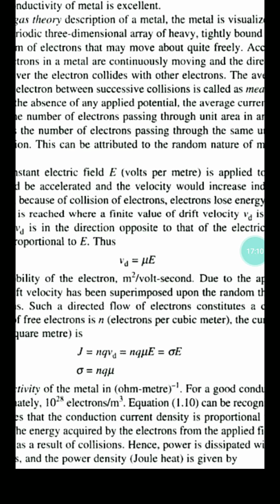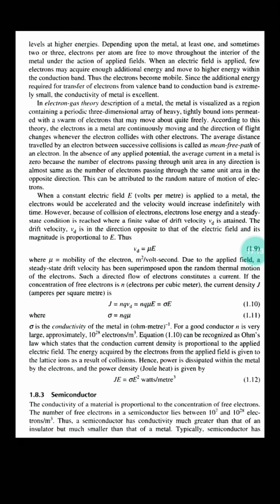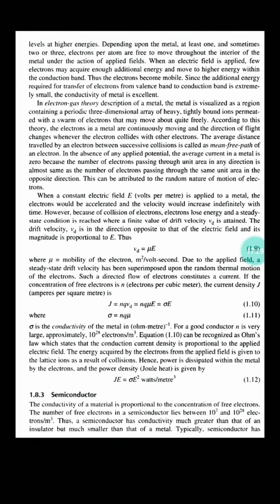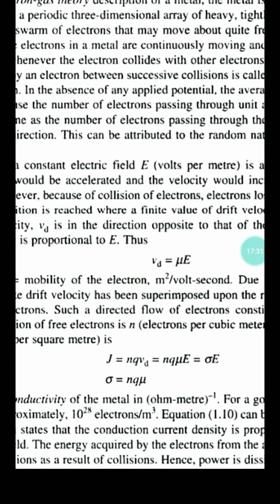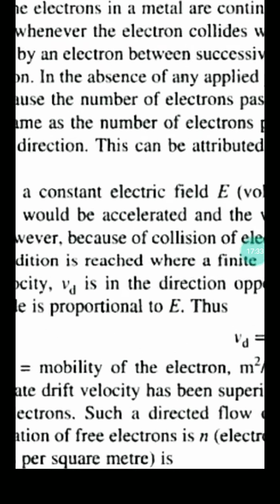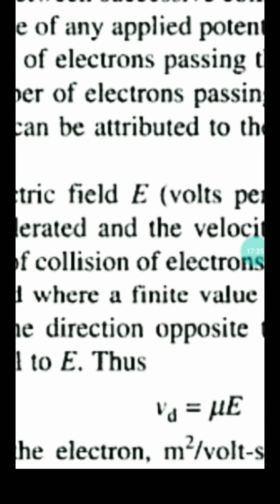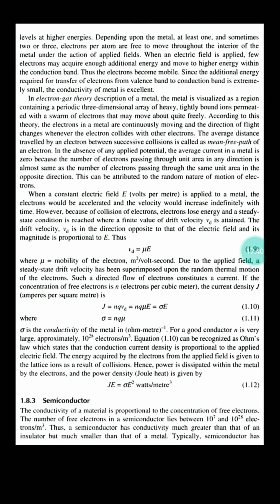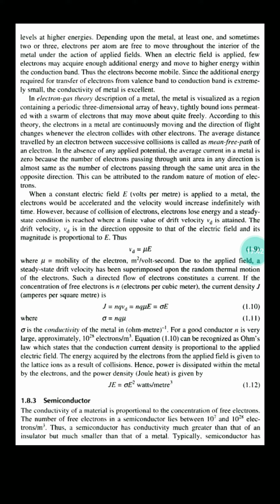First we concentrate on what mobility is. I just said it is the ability to move freely and easily. For example, when a constant electric field E bar is applied to a metal, electrons will be accelerated and the velocity would increase indefinitely with time.